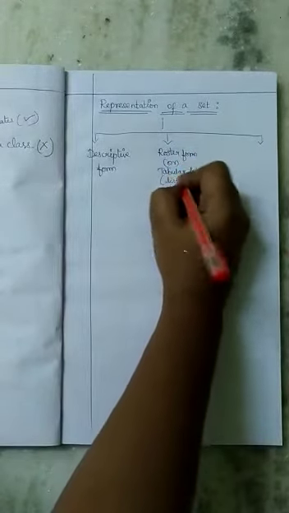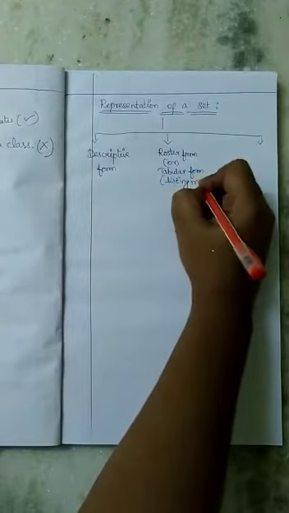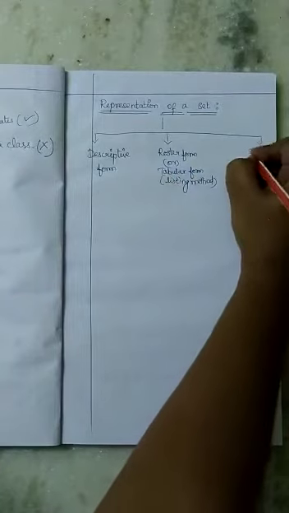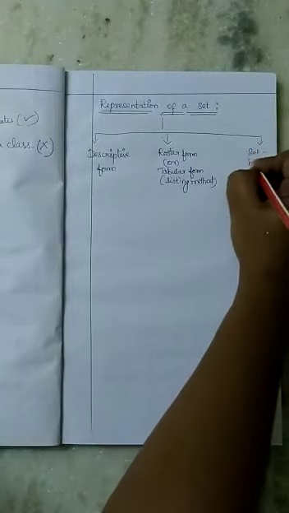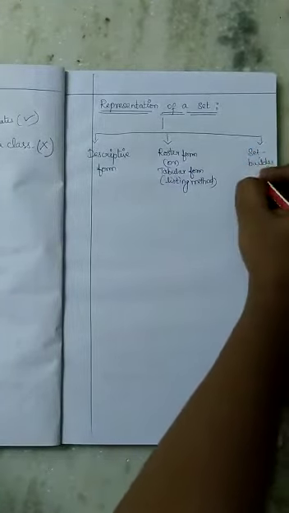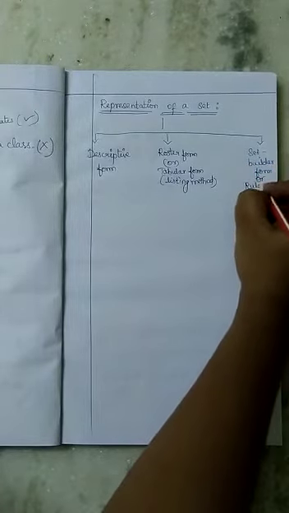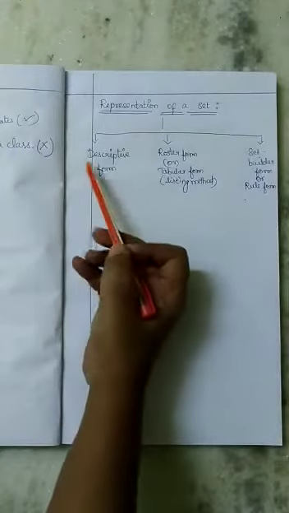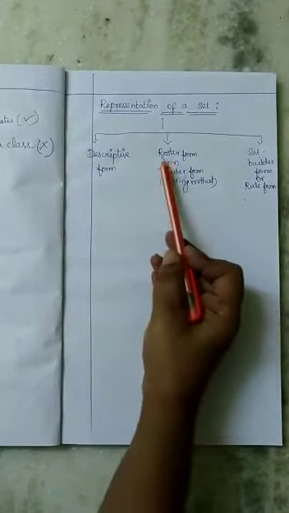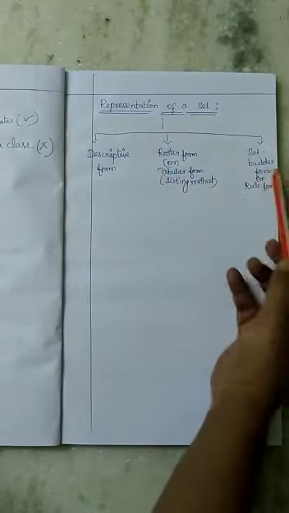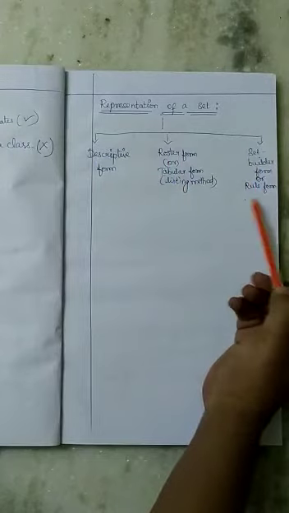And the last one is set builder form, or rule method, or rule form. First one is descriptive form, second one is roster form or tabular form, otherwise listing method, and the third one is set builder form or rule form.